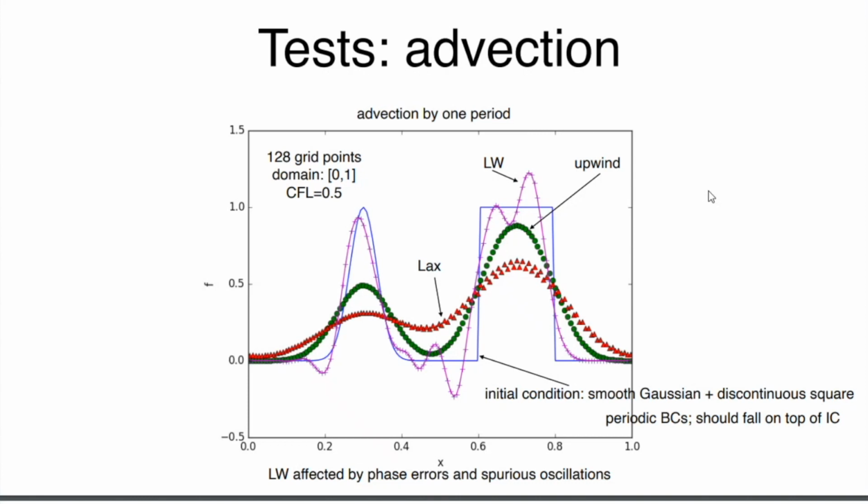This green curve, the green dots, are upwinding, just using the upwind method with velocity greater than 0, so you use the correct differencing. This pink magenta curve is Lax-Wendroff. Lax-Wendroff is formally higher order accurate, second order in space and time. But if you have these discontinuous initial conditions, it gives rise to problems.